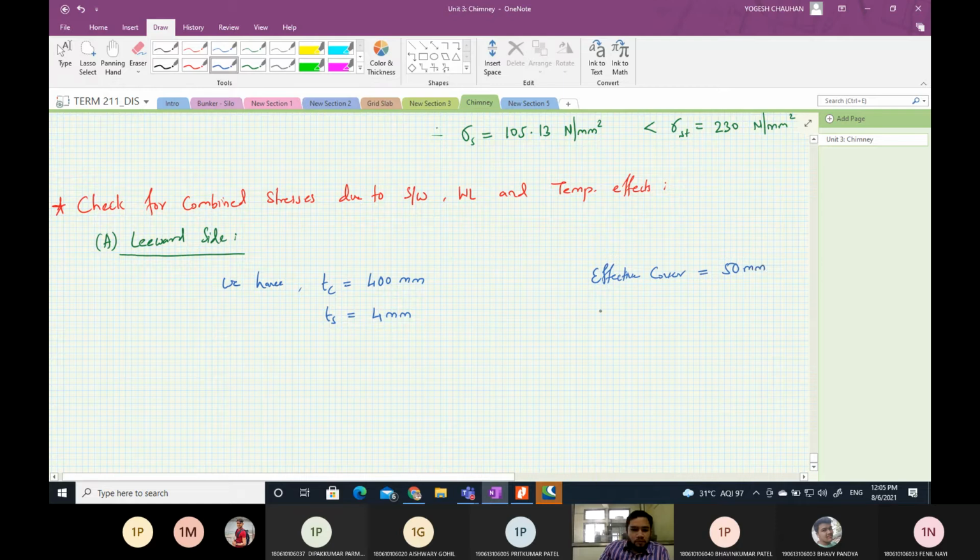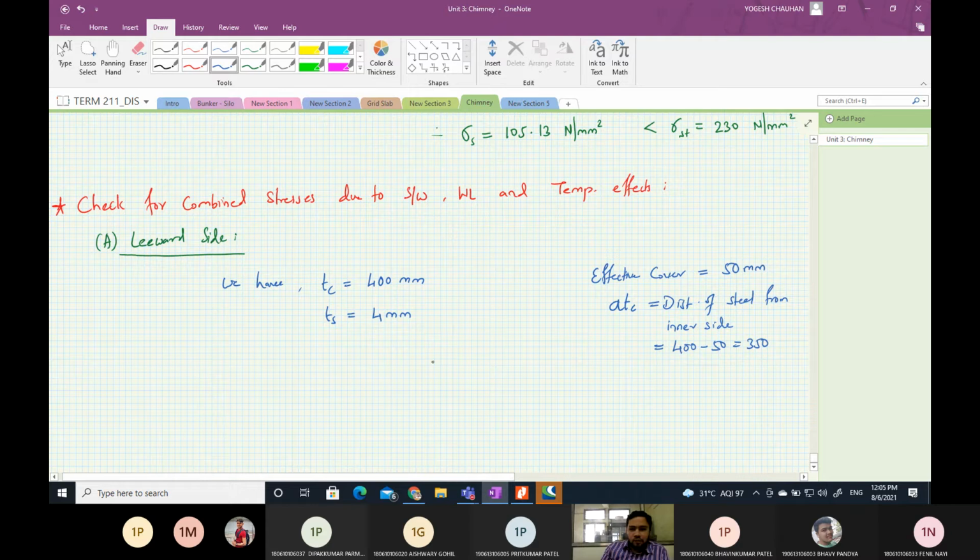So A times Tc, which is the distance of the steel from the inner side, is equal to 400 minus 50, that is 350.